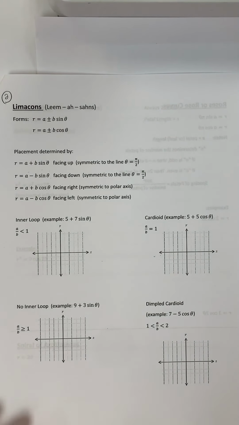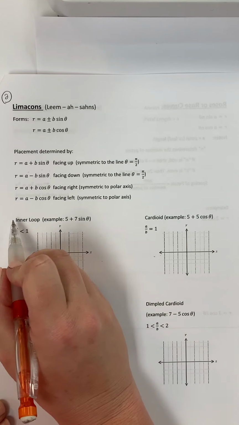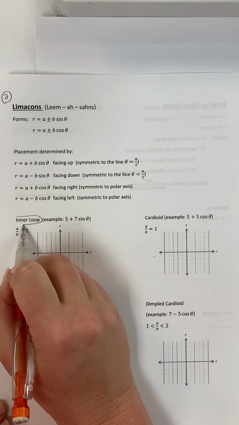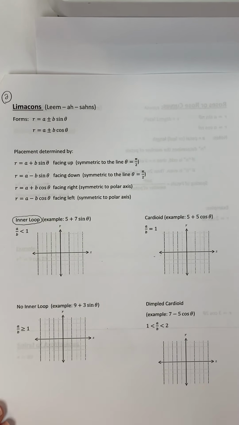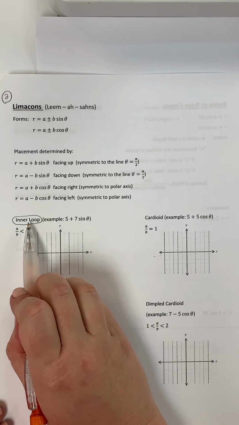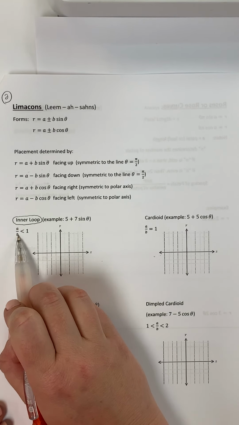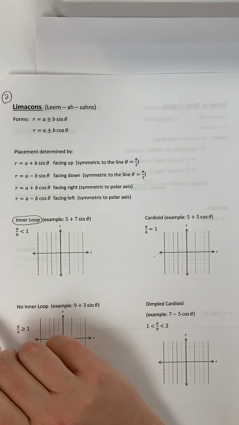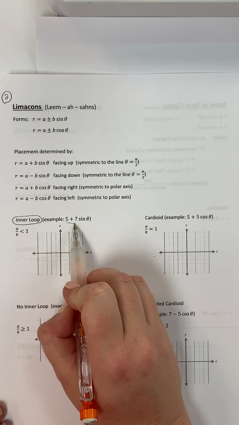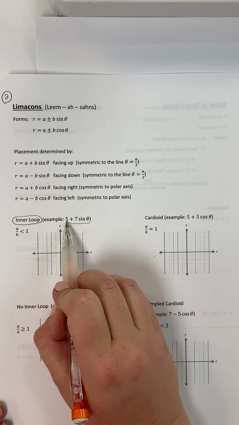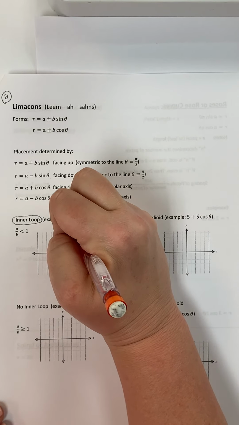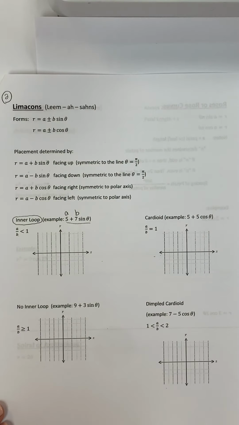Okay, now here are the four types of limacons. The first one, we have an inner loop inside. An inner loop is going to occur anytime a divided by b is less than 1. So for example, here's our example equation. This would be r equals this. Here's a, here's b.